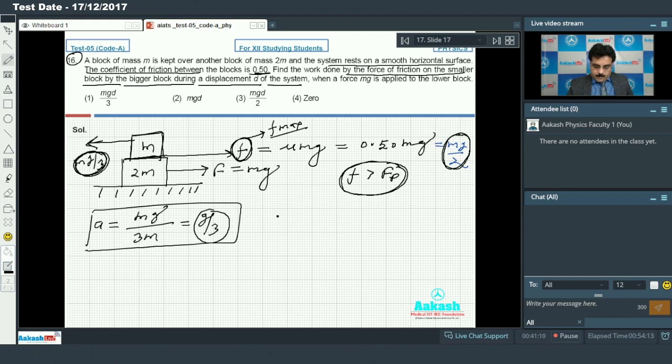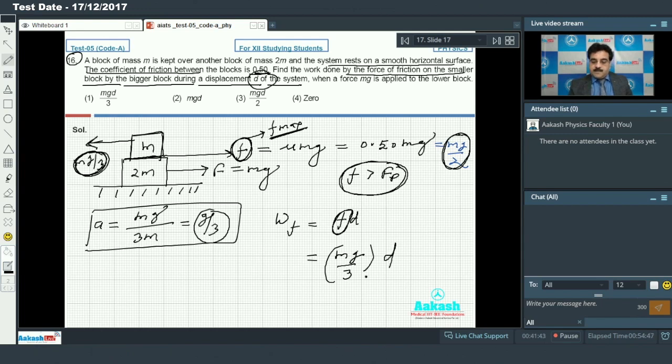So now I am going to calculate the work done by the friction force. That is given by force into displacement, but you have to be very careful. Here I will put the value mg by 3 instead of mg by 2, because friction force is a self-adjustable force, and the value mg by 2 is the maximum friction force. So we will write here mg by 3, and the displacement as per the question is d.